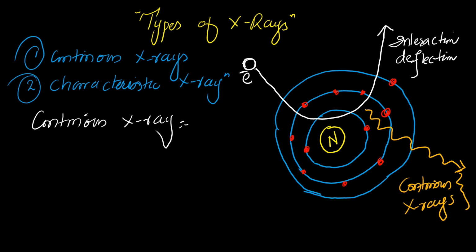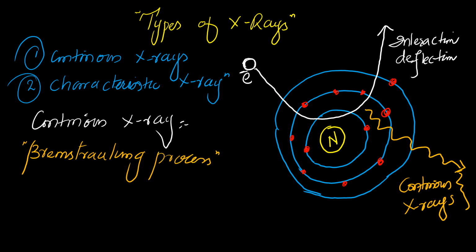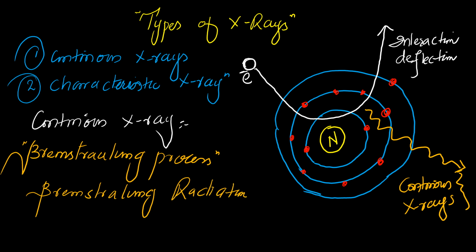Continuous X-rays are produced due to a phenomenon known as the Bremsstrahlung process. Continuous radiations are also known as Bremsstrahlung radiations. Bremsstrahlung radiations are electromagnetic radiations which are produced due to deceleration.